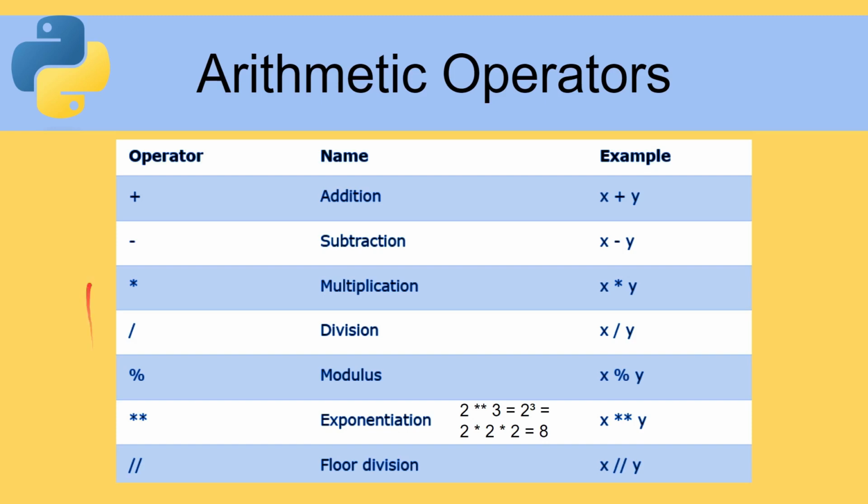Probably you have seen these operators before at school. You have the add operator for addition, and then you have the minus operator for subtraction. Here with an example, imagine that x and y are two numbers. You add these two together, you subtract one from another, and then you have a star sign for multiplication, x times y.